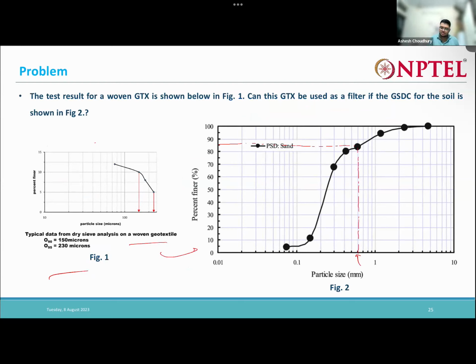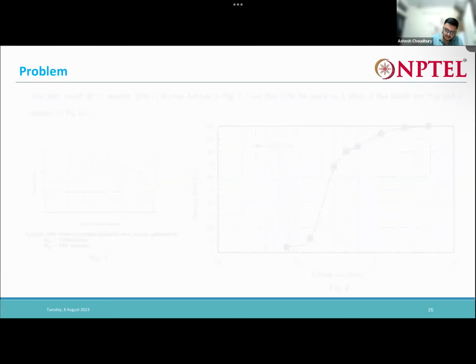What is the particle size here? See, this is 0.1, this is 0.2, 0.3, 0.4, 0.5, 0.6. So D85 is 0.6.